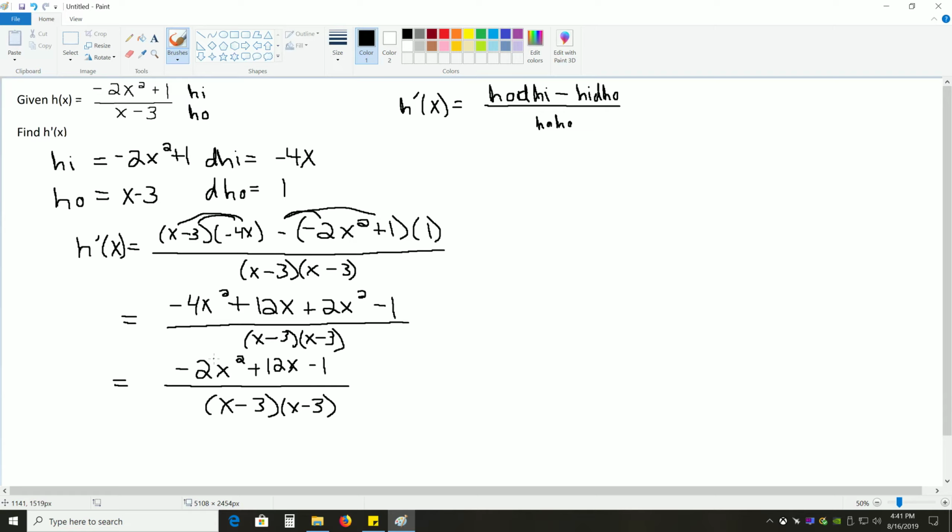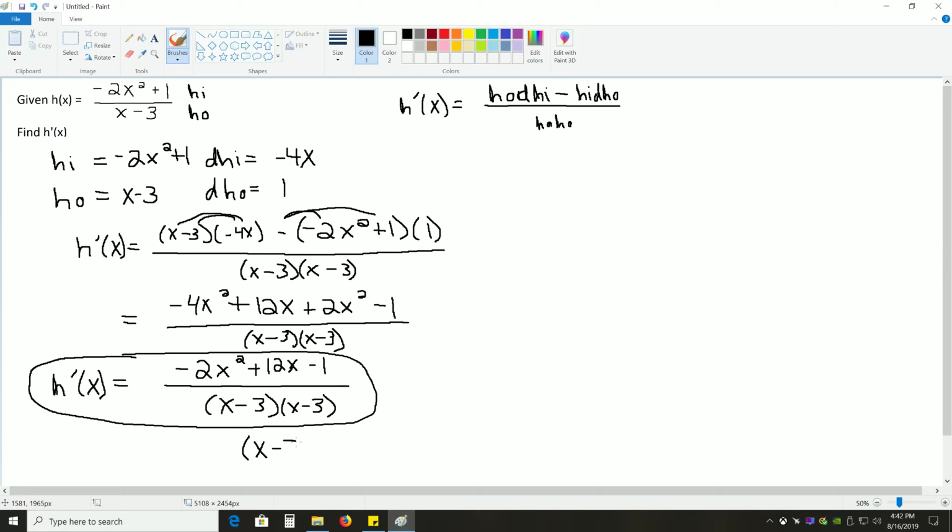So we know it doesn't factor. So we're left with h prime of x equals all of this. This is our derivative. And technically, we could just rewrite this as x minus 3 squared in the denominator to technically make it more simplified.